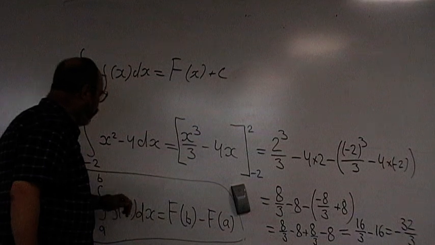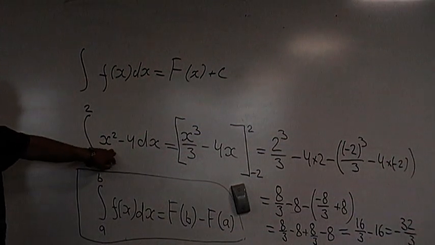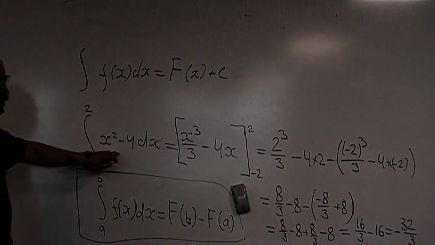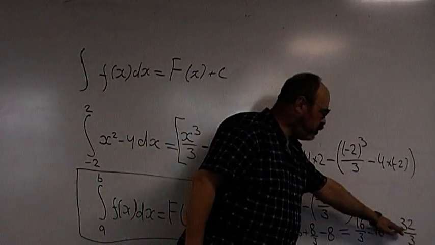So the value of the definite integral of x squared minus 4 equals negative 32 on 3.